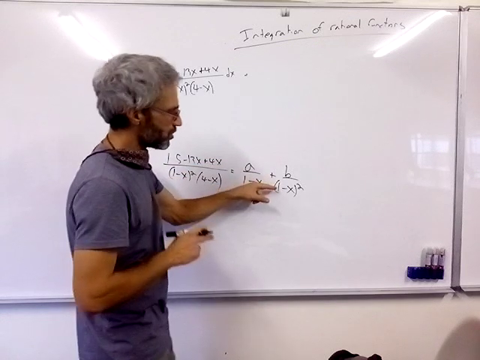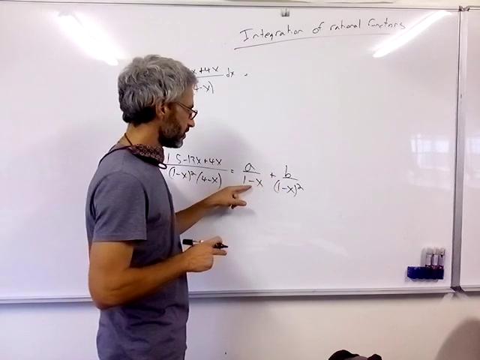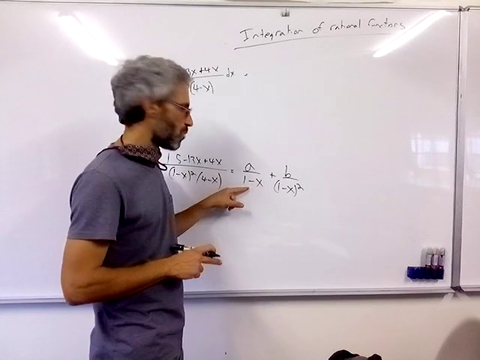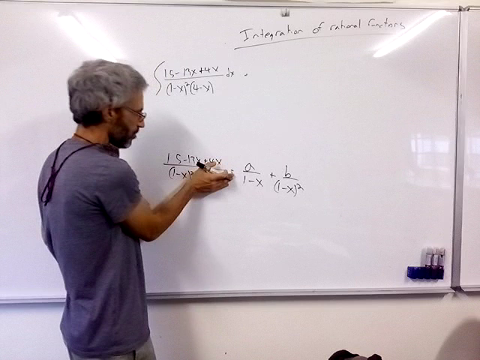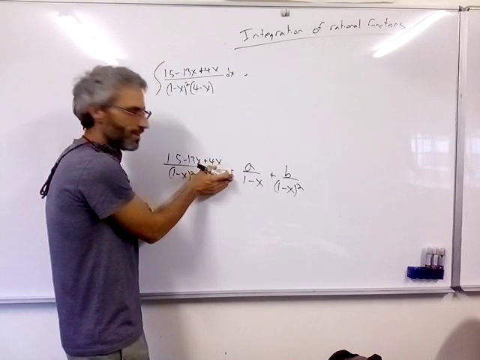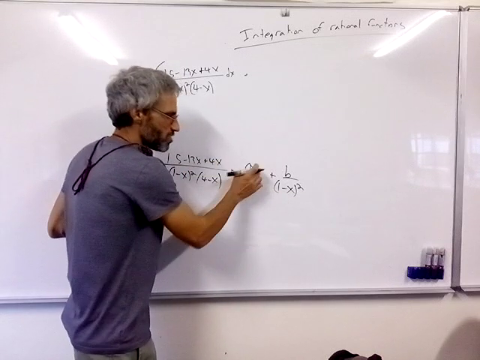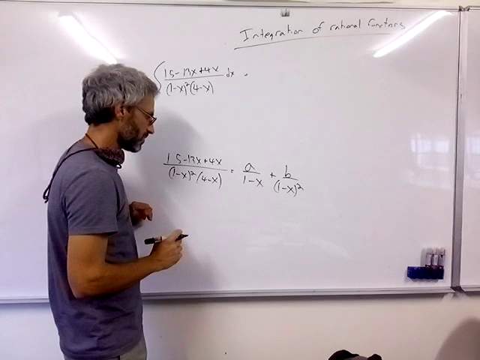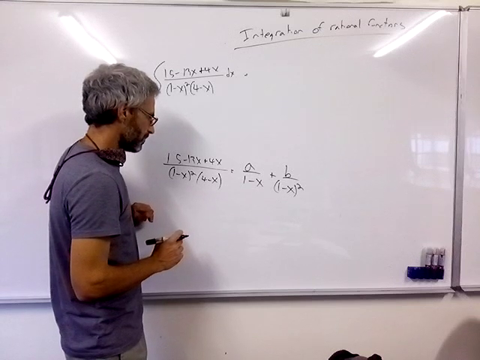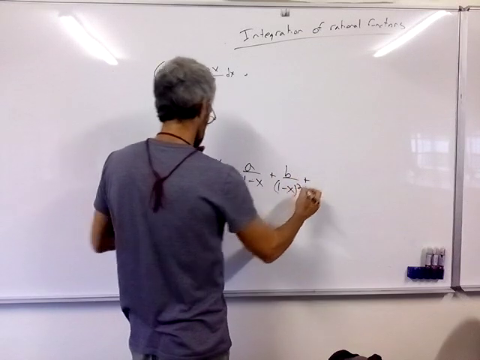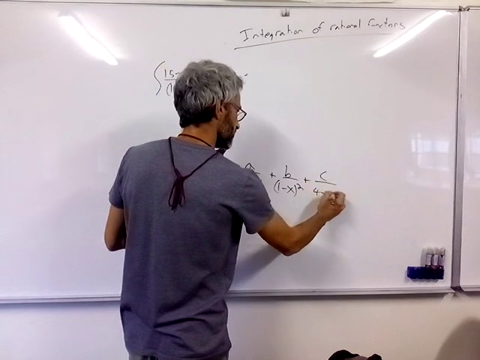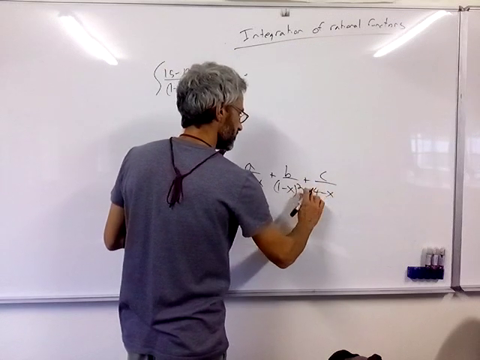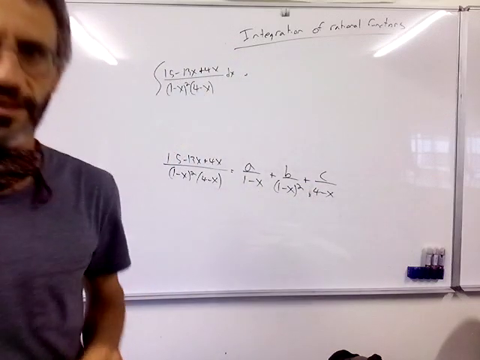Well, you might think it's just 1 minus x squared. But hang on, if we also add that fraction where it's 1 minus x, those two together will have a common denominator of 1 minus x squared. So you see, it's those two. You need to find the a and b. And plus, we obviously have another c divided by 4 minus x. That's it. I'll just pause to make sure you guys can see it.